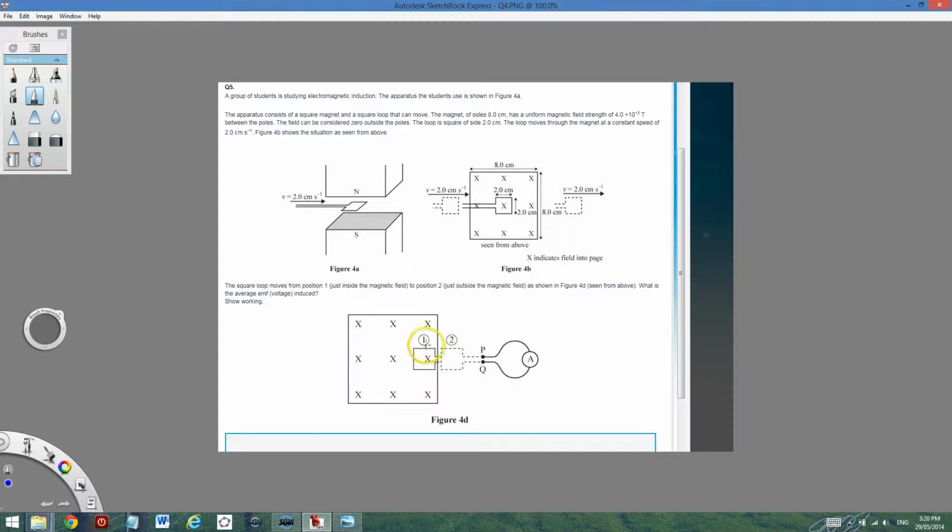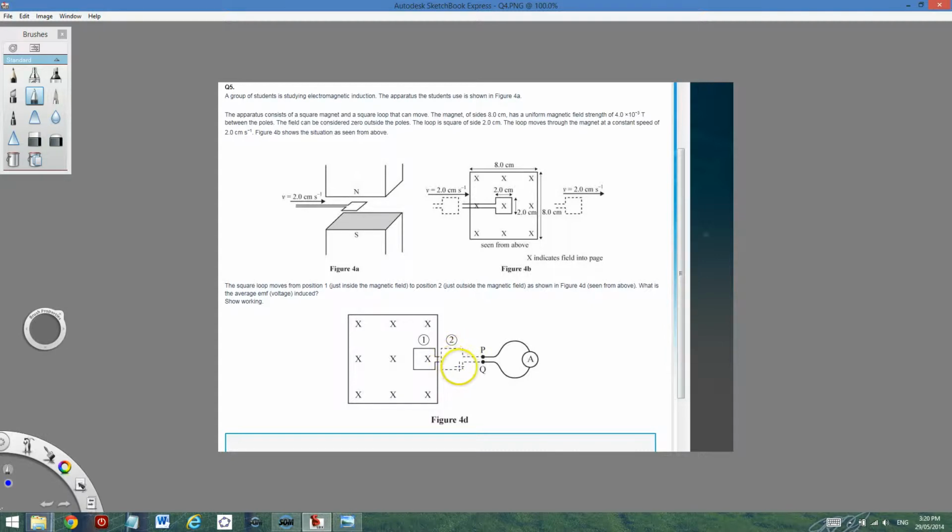Let's do it again. Before, in position 1, in the loop there is a magnetic field into the page. At position 2, there's not. So the loop of wire is not happy. It's going to generate its own magnetic field into the page, because they used to have it into the page, now it's gone.